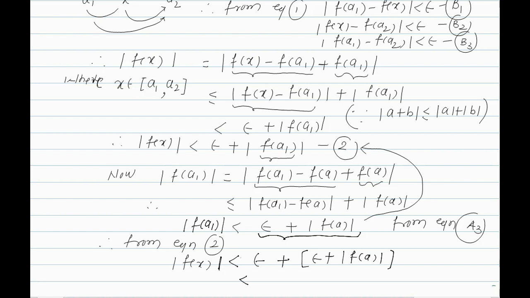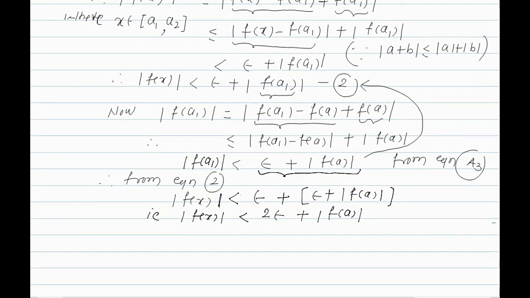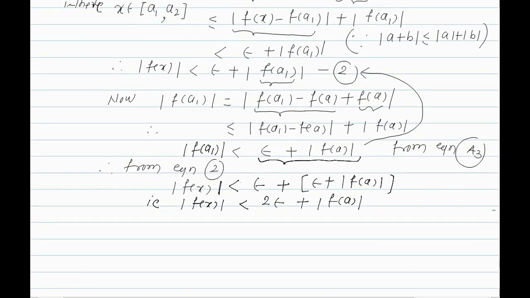That is, mod of f of x is less than 2 epsilon plus mod of f of a. So thus we have obtained f of a in place of f of a1. This is a fixed value of the function at the first point of the given interval ab.